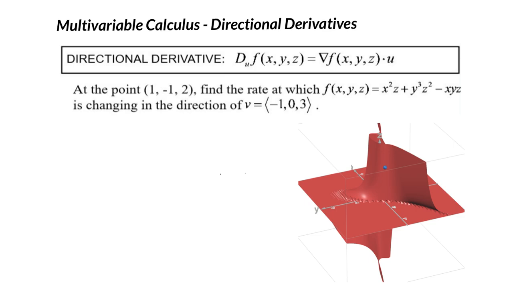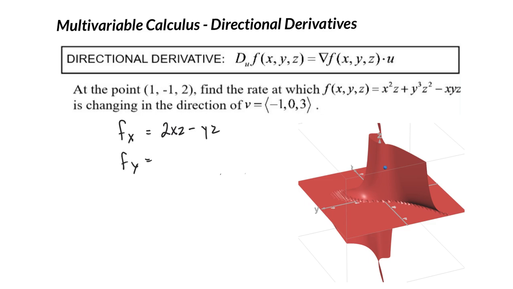directional derivative. Now, the way that I would think about this is, first off, I still need to figure out the derivatives. So we have a function, it's got x's, y's, and z's, so I'm going to find 3 partial derivatives. The derivative with respect to x, and I'm just going to use kind of shorthand notation here, is 2xz minus yz.